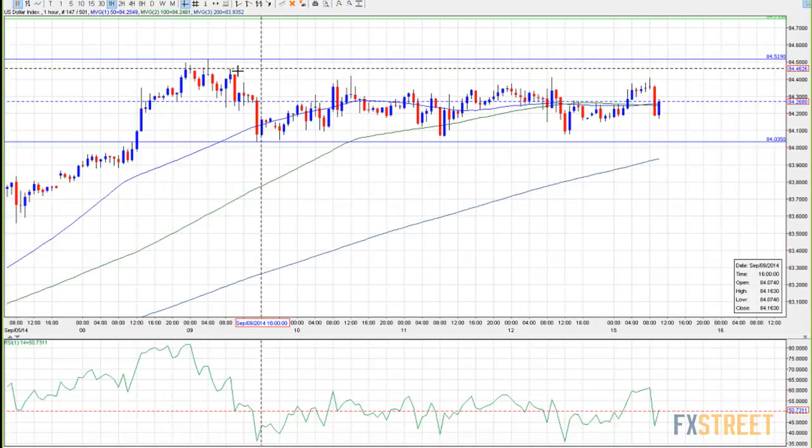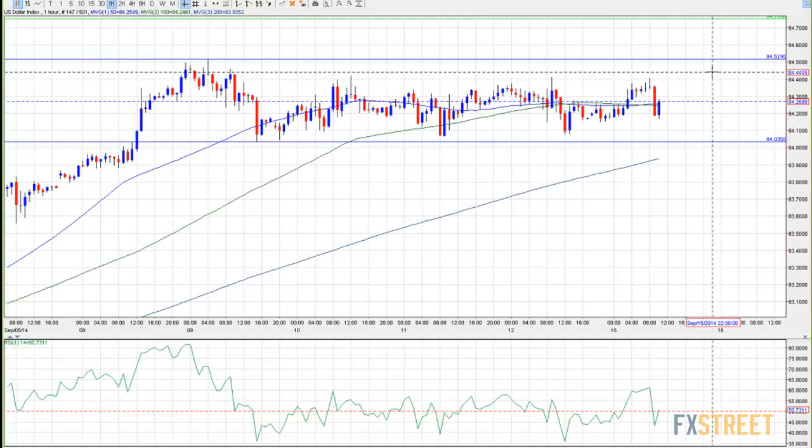The market is tentative ahead of Wednesday's FOMC meeting, this week's main risk event for the US dollar. It's a light week in terms of economic data, but Wednesday will be a big one for the U.S. dollar and for the British pound as well.